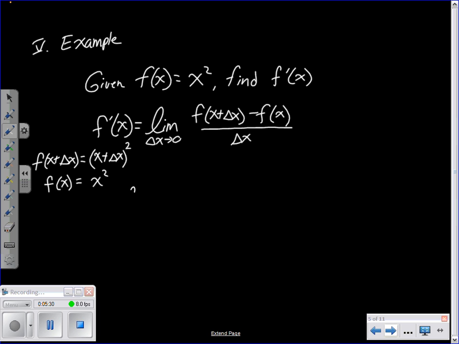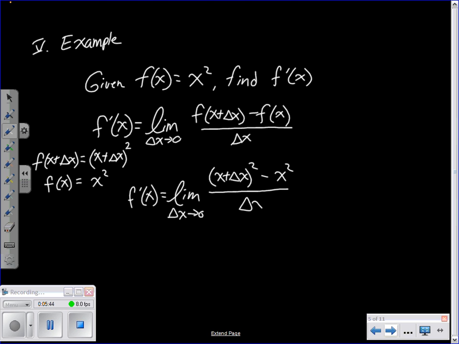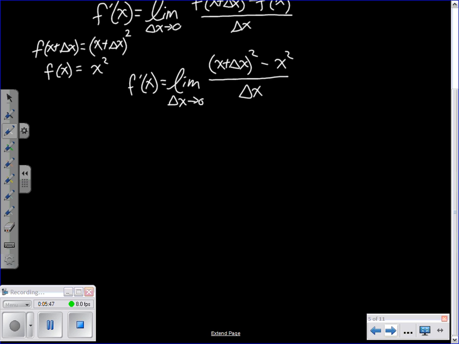So whenever I put this together, f prime of x equals the limit as delta x goes to 0 of x plus delta x squared minus x squared, divided by delta x. The nice thing here is I can use algebra to figure out the rest. I can expand my binomial here using FOIL, or Pascal's triangle, or the binomial theorem.